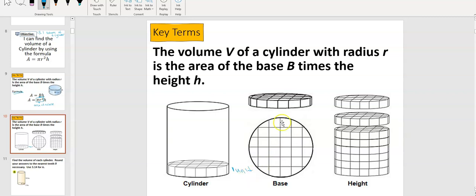What we're really doing is taking the area of a circle and stacking them on top of each other to make this cylinder. And so that's why you're really just finding the area of the circle, and then you're timesing it by how many of these circles are stacked on top of each other.